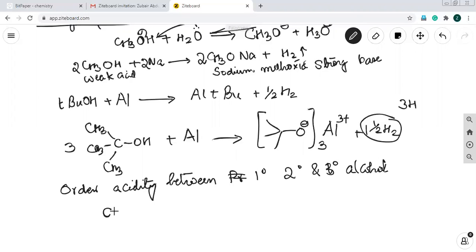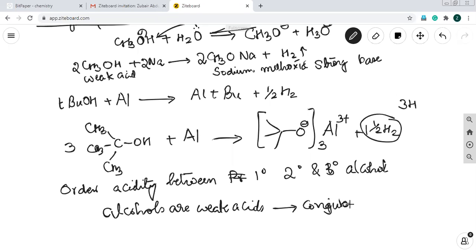Now, these are weak acids. Alcohols are weak acids. And therefore, the conjugate base should be strong.